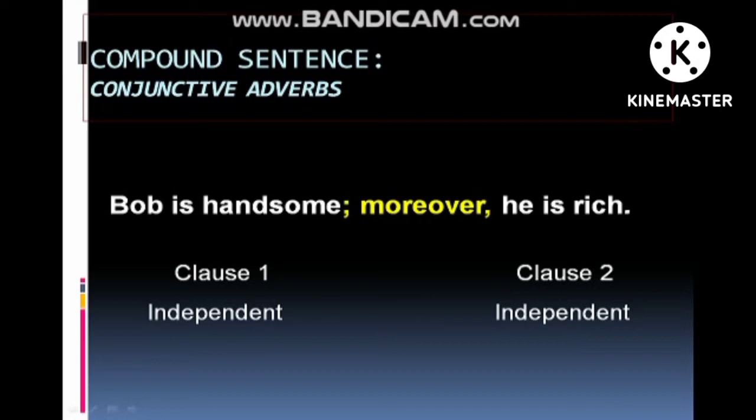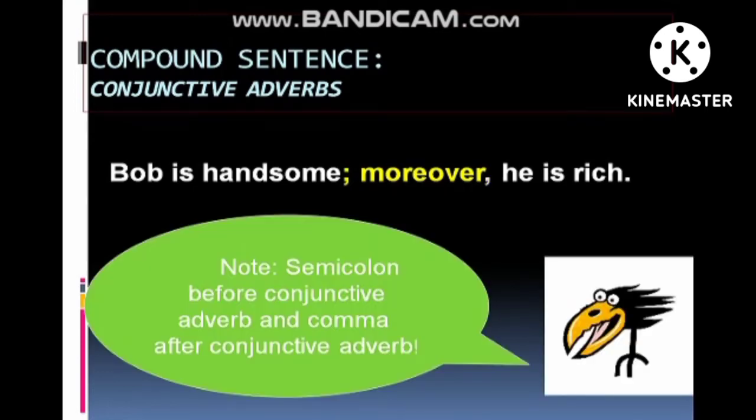This is independent, and this is also independent. So both are independent clauses. Moreover is a conjunctive adverb. The two clauses joined by a conjunctive adverb make a compound sentence.